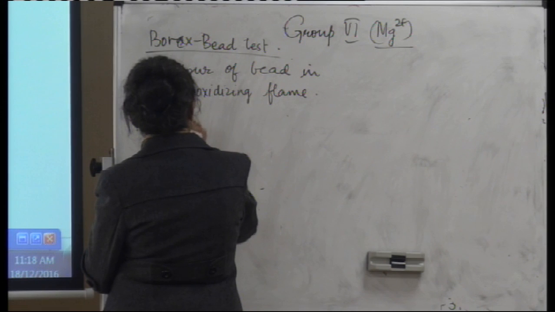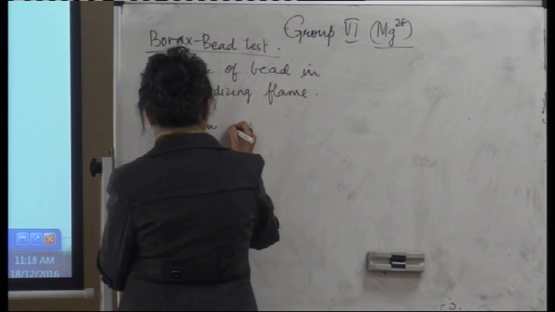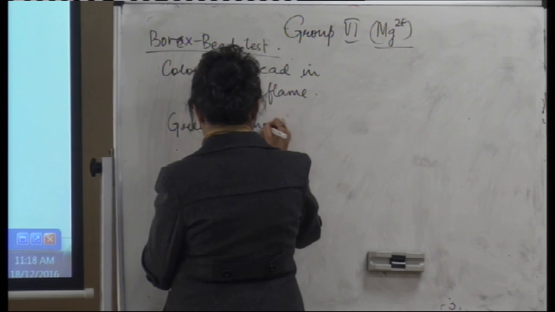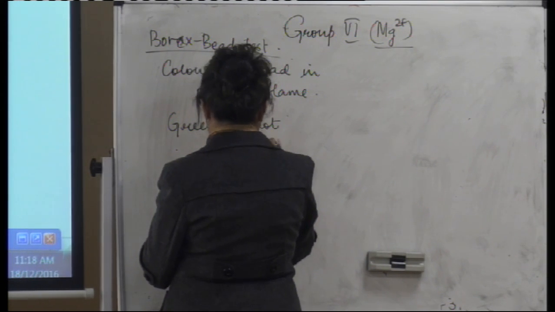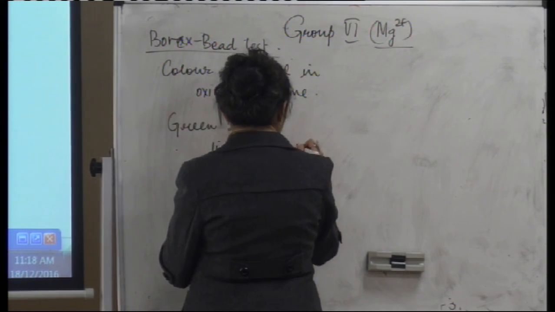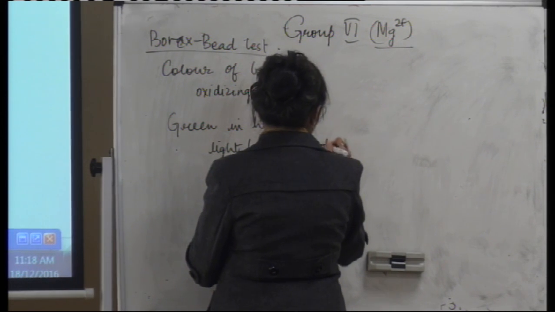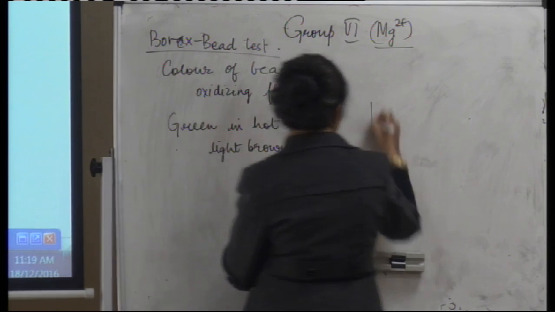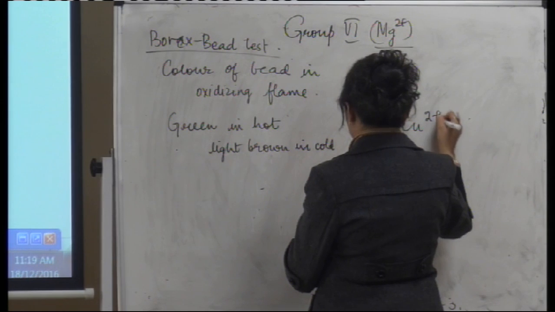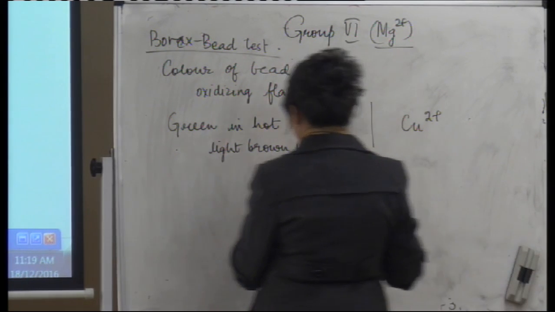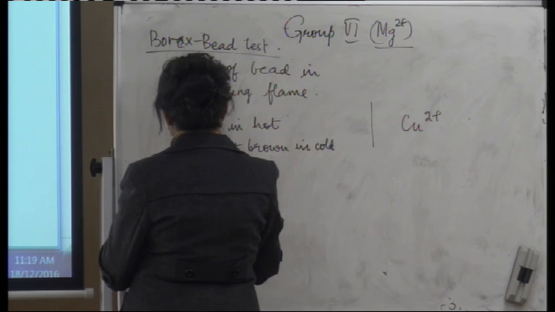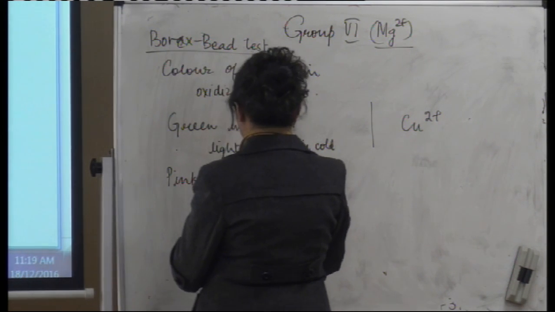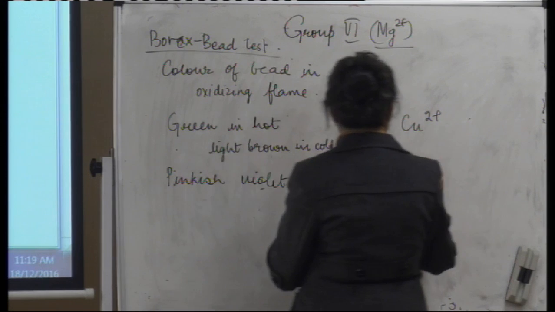It is green in hot and light brown in cold. So this is your copper confirmed. Then you have pinkish violet. Whenever you have this color of pinkish violet, then it is manganese.